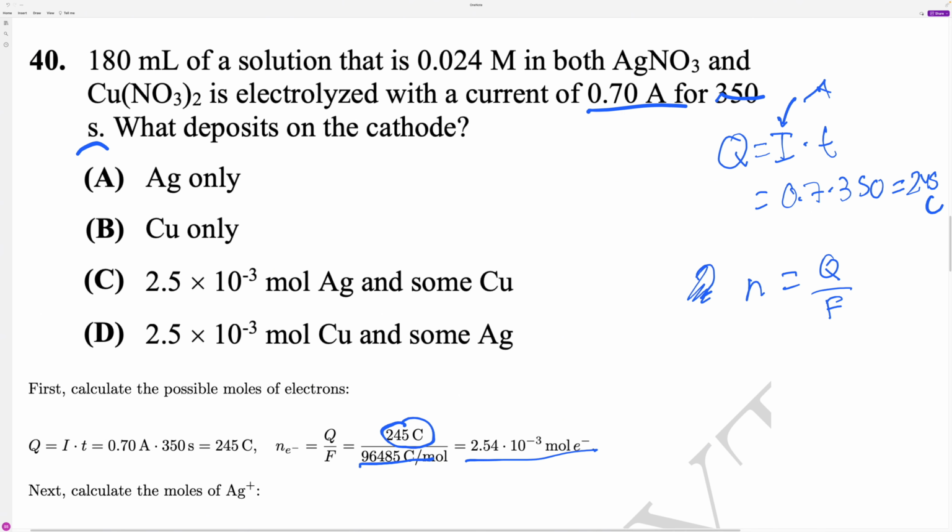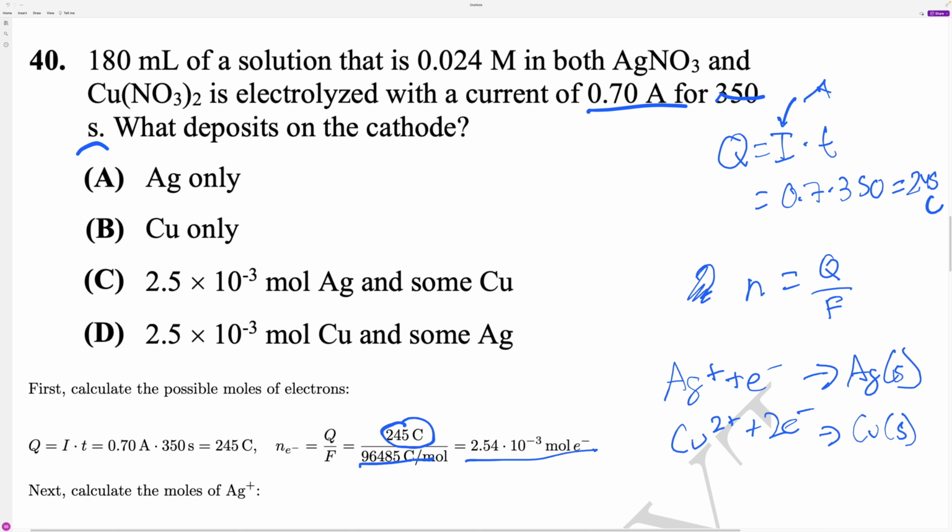So one thing that we need to know right before we hop into this problem is that this reduction, Ag plus e minus goes to solid silver, is going to have a greater reduction potential than the reduction of copper.